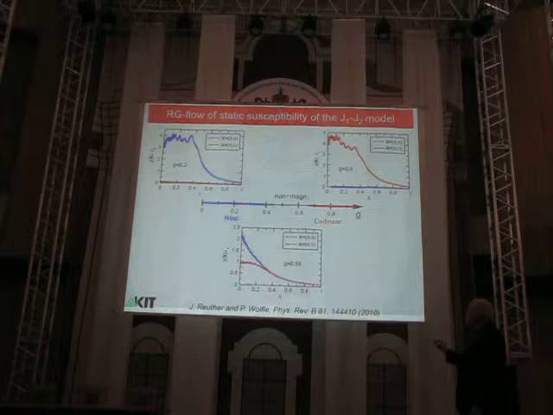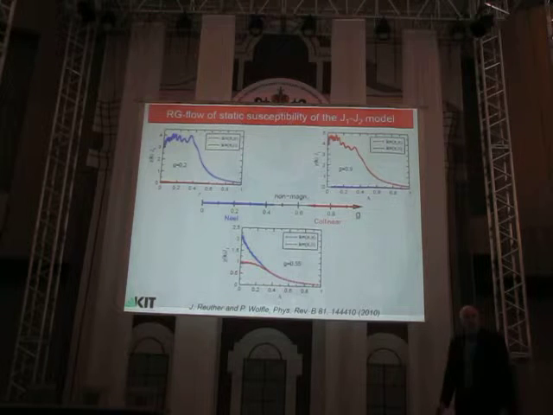Then at some point this will break down, so we don't have to take this seriously, whereas the collinear k value stays here. For large g, the collinear susceptibility increases and the other one stays low.